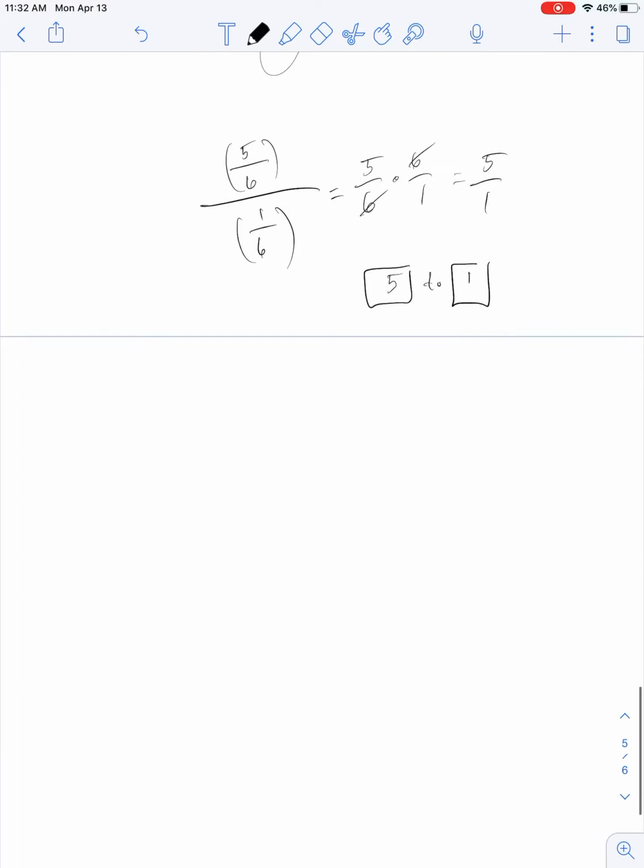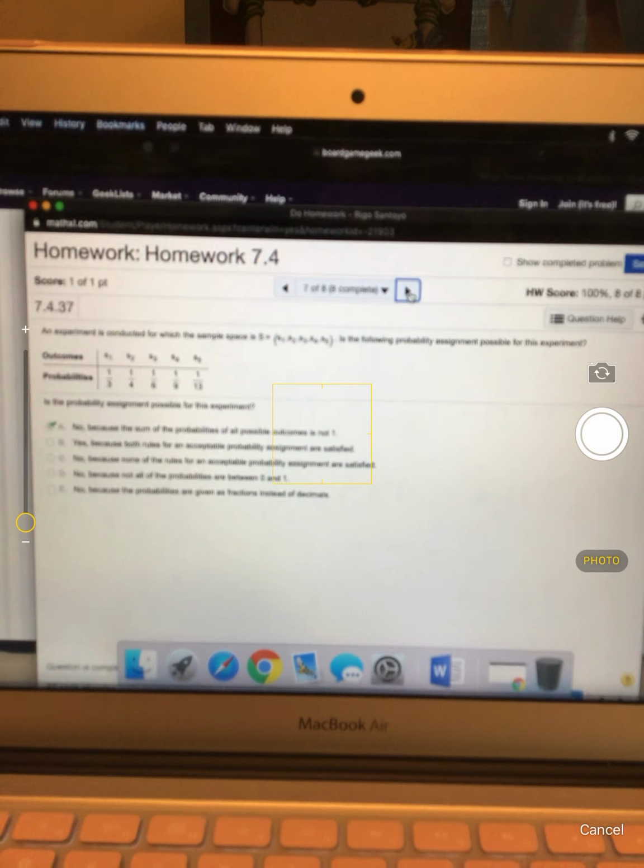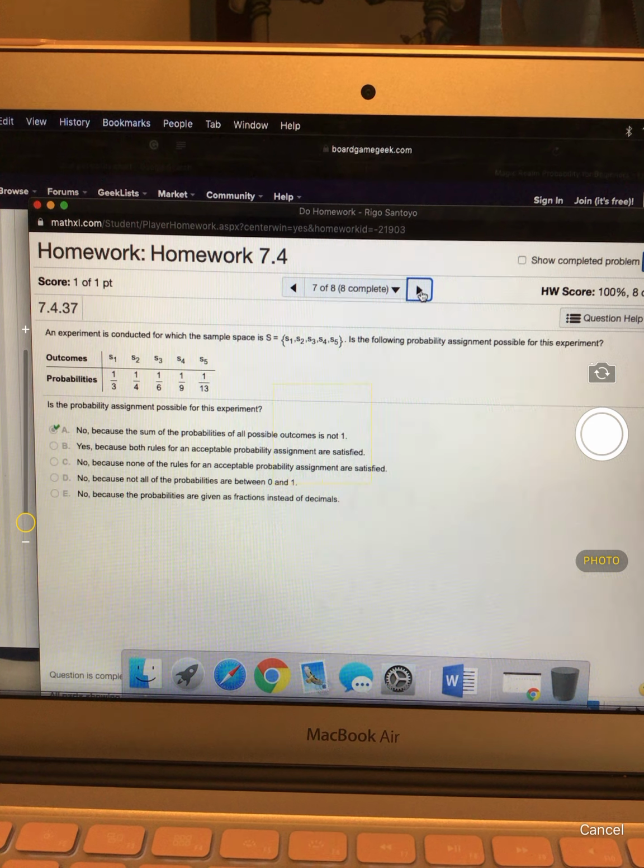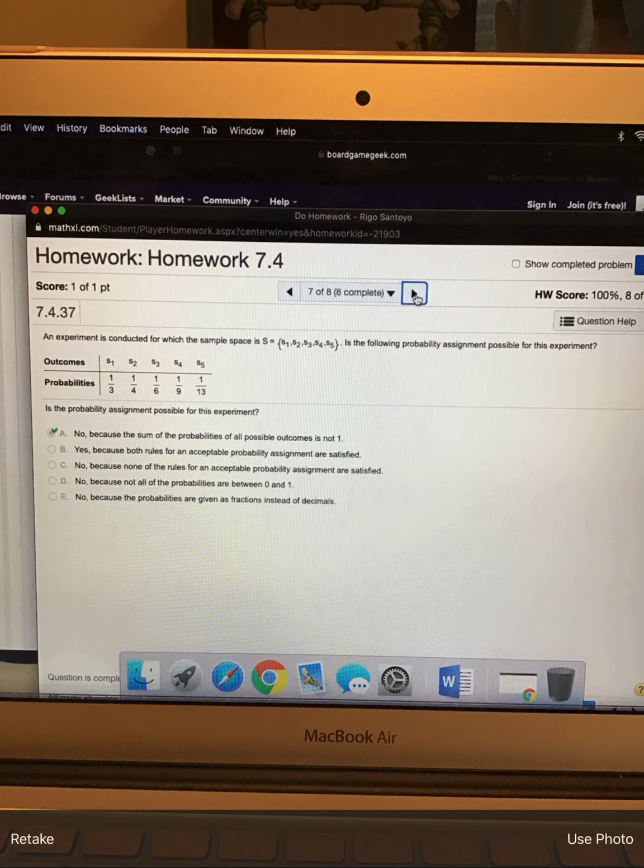All right, so some nice examples there. And let's take a look at these last two that you have on your homework assignment. Once again, I'll take a picture because these are pretty nice examples, even though they look a little lengthy.